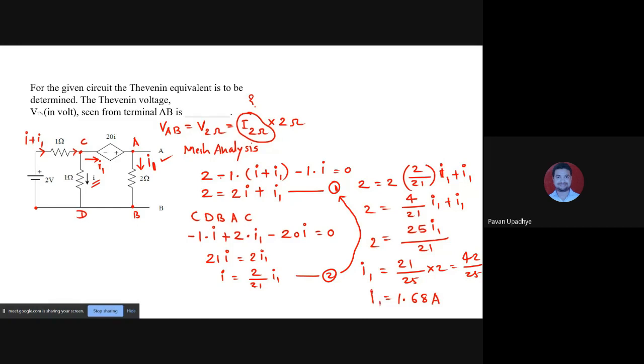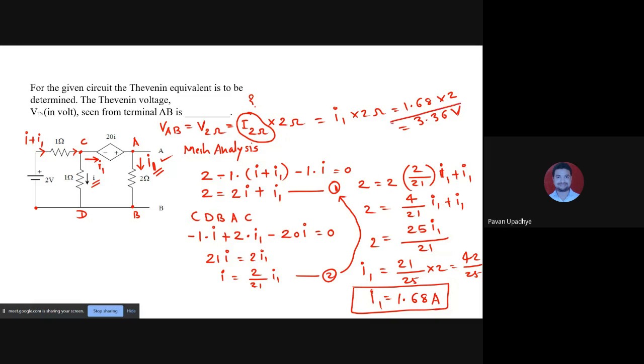So as decided, we have found the current through 2 ohm, that is I1. So 1.68 into 2, VTH or VAB is equal to 3.36 volt.